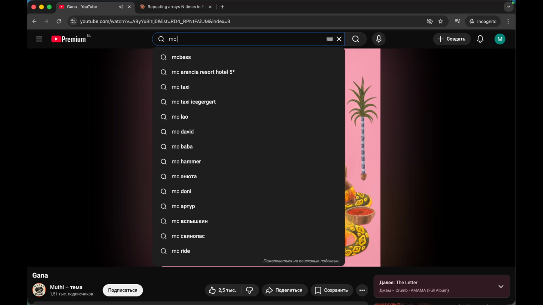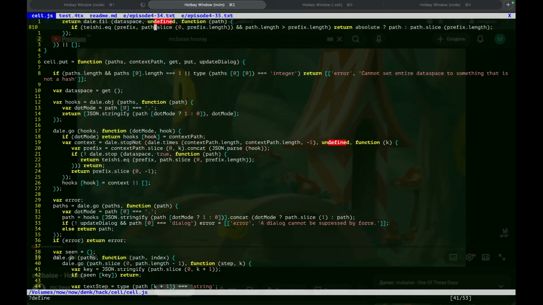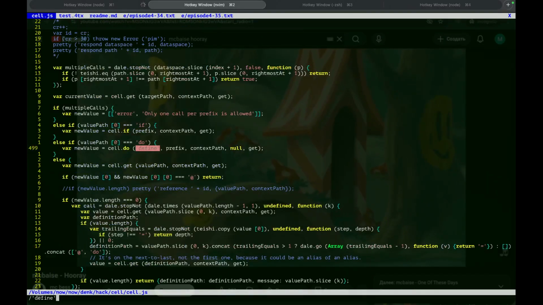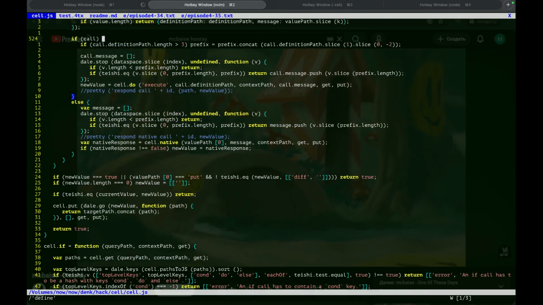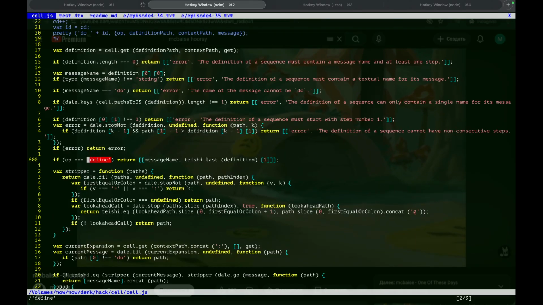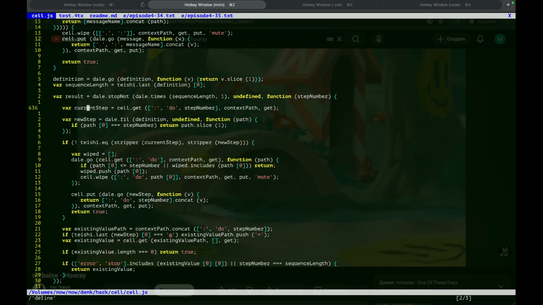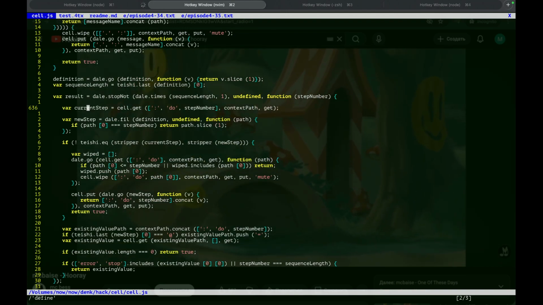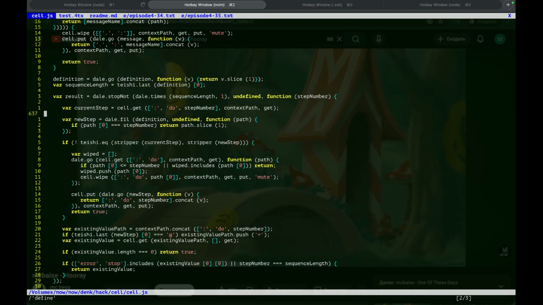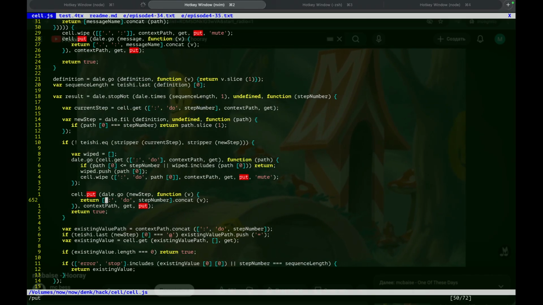Let's just do one more last thing and we'll call it a night. Why am I not using the colon here, the dot?